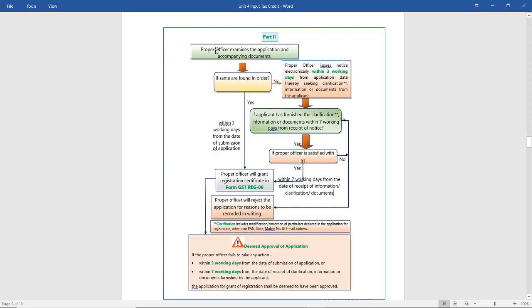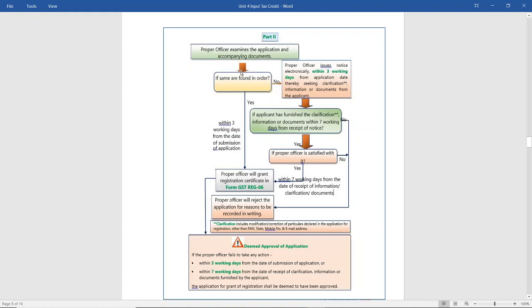The proper officer will examine the application filled in Part B of GST REG 01. If he finds that all the documents are correct, then within 3 working days he will issue to the applicant the GST registration certificate in GST REG 06, only if all the documents are in correct order.